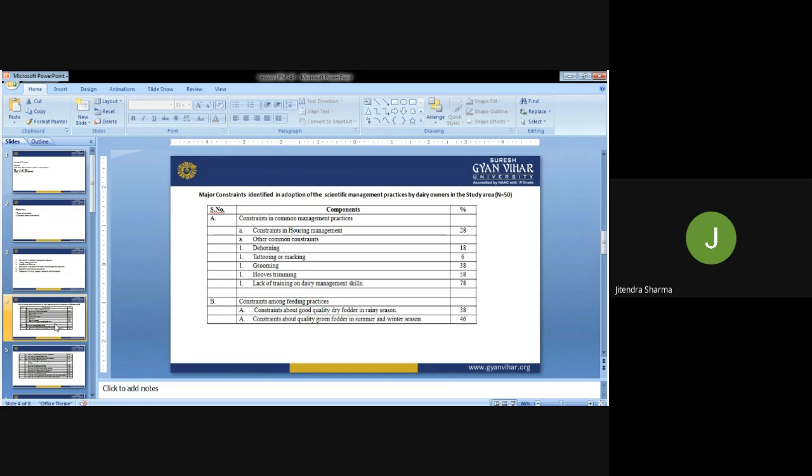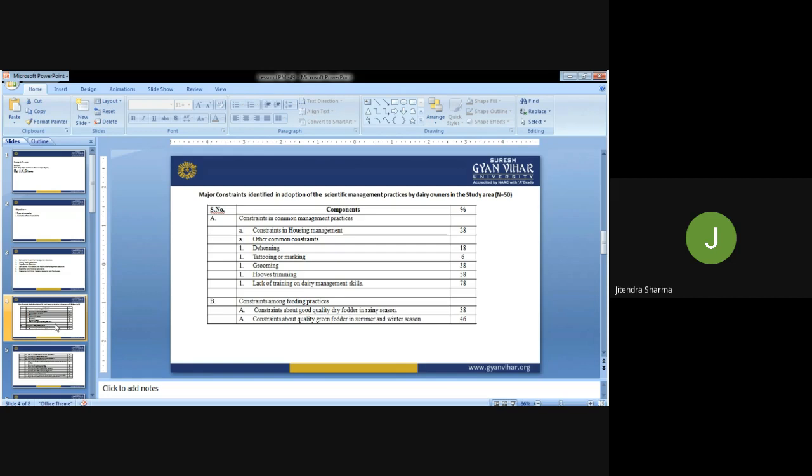The first one is the constraint in common management practices. Here, considering all the common management practices scientifically laid down for the dairy business, the researchers identified how many dairy owners have problems related to housing.